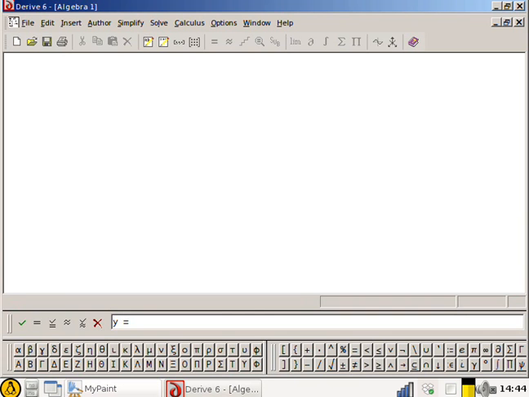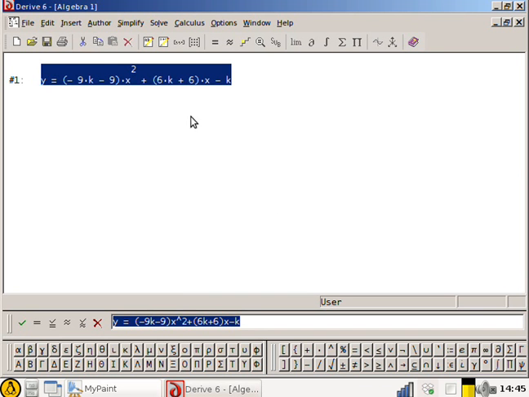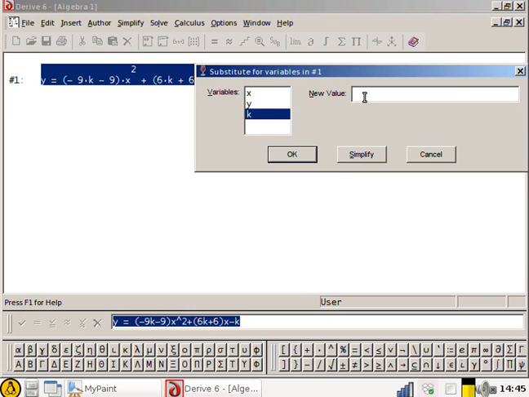Y equals minus 9k minus 9 x squared plus 6k plus 6 bracket, minus x minus k. Now, I can't draw this because there's no value for k. So what I'll do is I'll put in a value for k. Let's put k is equal to 3.